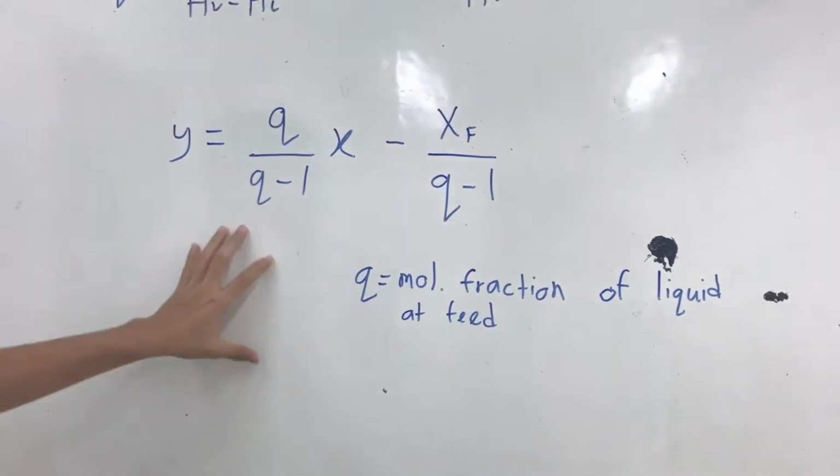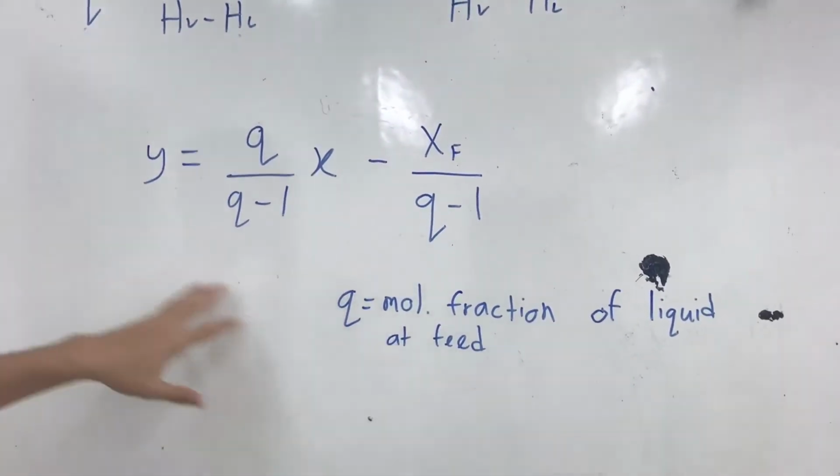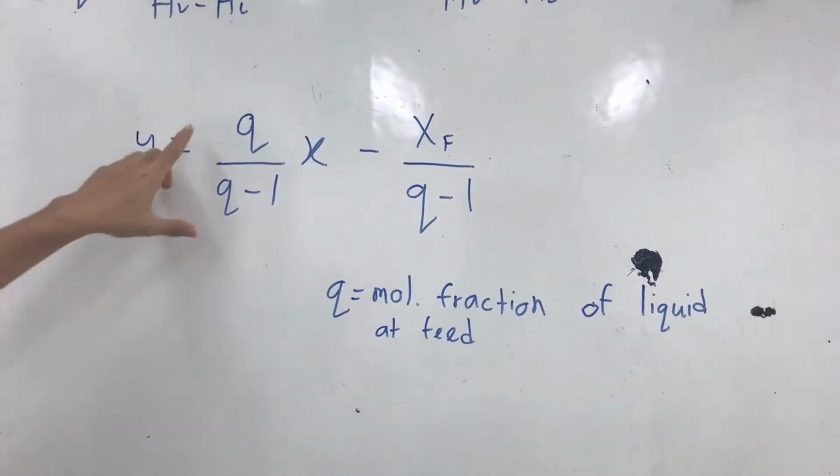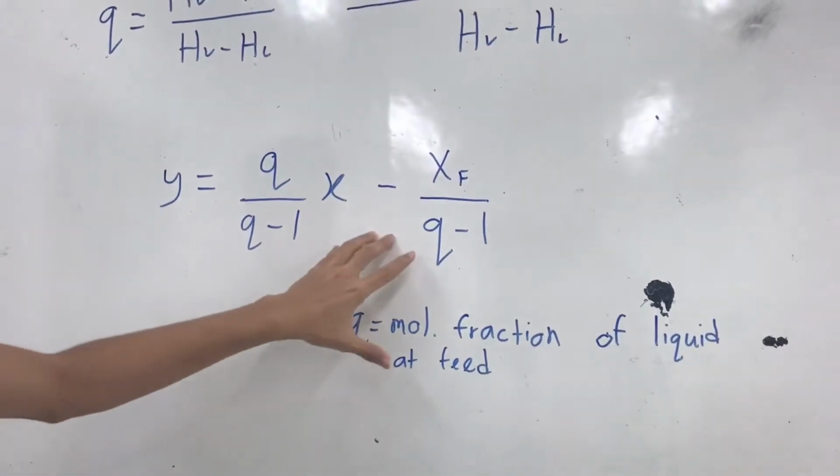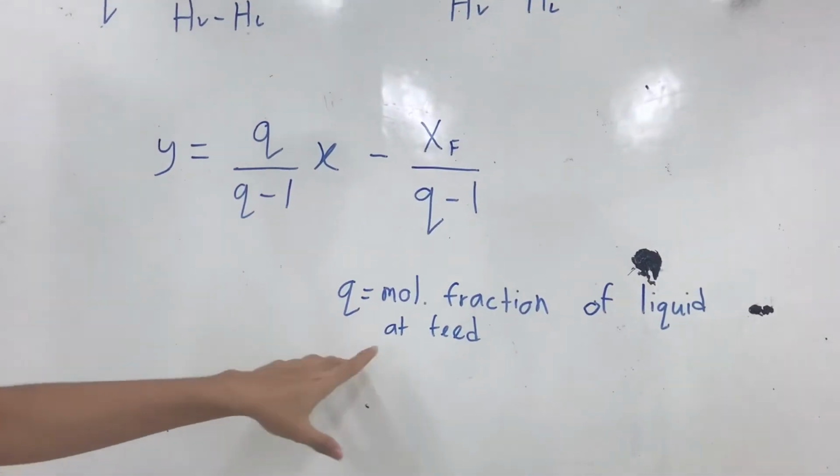We find the q value, and then we can find the linear equation for the q line: y equals q over q minus 1 times x minus the mole fraction of the feed over q minus 1. q is also equal to the mole fraction of liquid at feed.